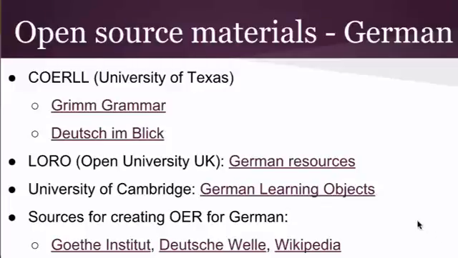There are other sites that offer lots of content for German. And if you're creating your own content, what you want to do is look for resources that are copyright free or that allow you to use that content in creating your own resources available for your students.